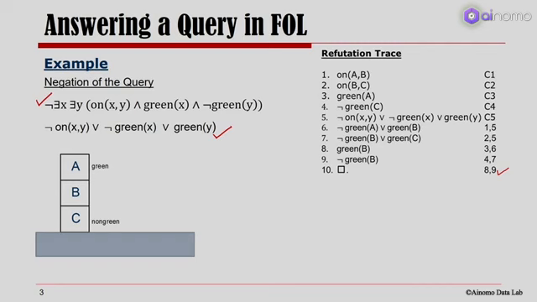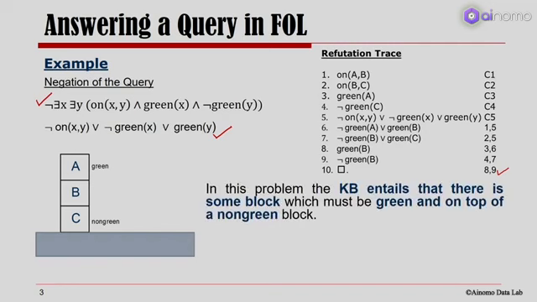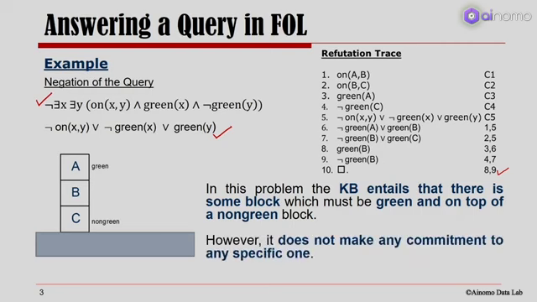But one thing to note here is that in this problem the knowledge base entails that there is some green block on top of a non-green block. However, it does not make any commitment to any specific one.